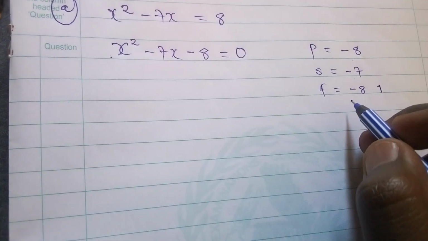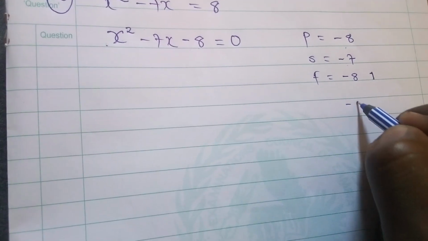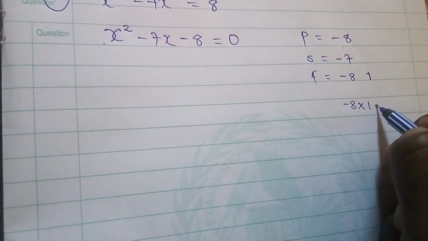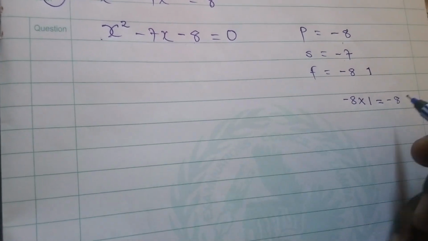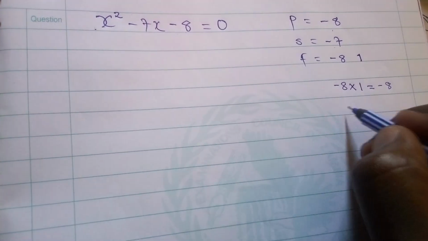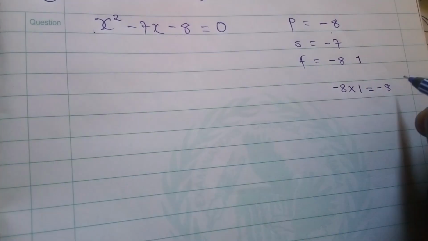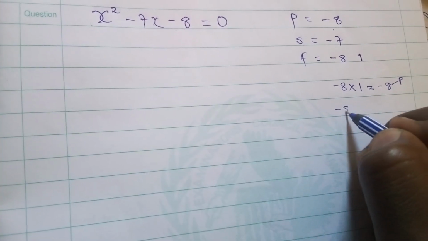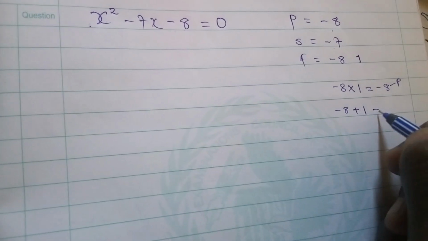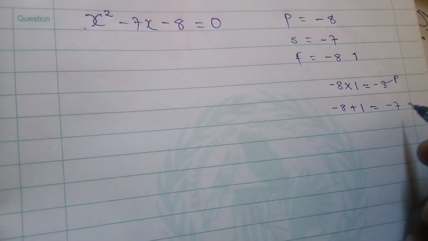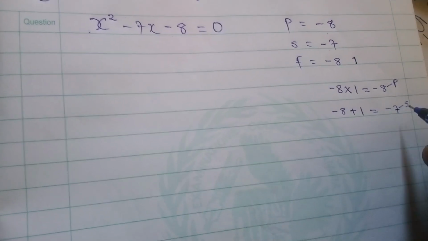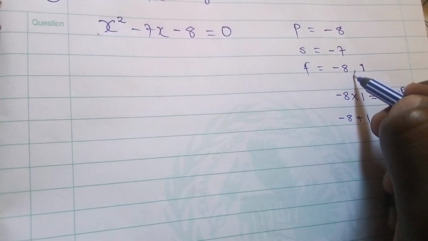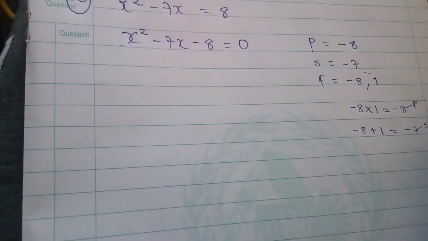When you multiply negative 8 times 1, you get negative 8, which is the product. When you add negative 8 plus 1, you get negative 7, which is the sum. So it means these two factors are correct.